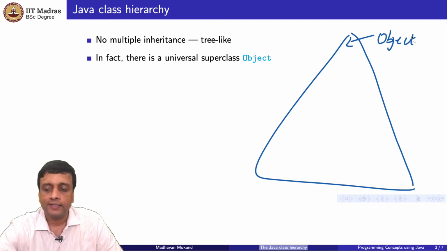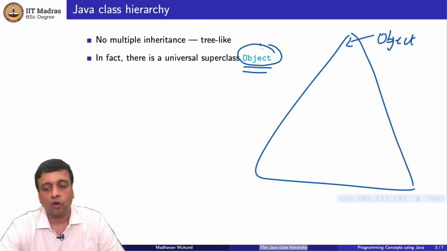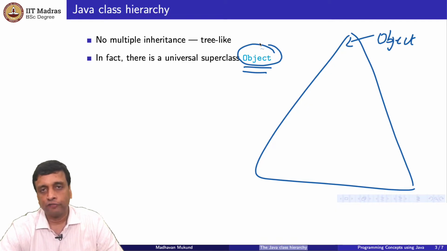And the way it does this is it creates a root which is implicitly above every class that you write. So you don't have to say, when I say class employee, right, it implicitly extends this built-in class called object. Now this, one might argue, is not a great choice of name because object is a concept and now we are using object as a specific name of a class, but we have to live with this.